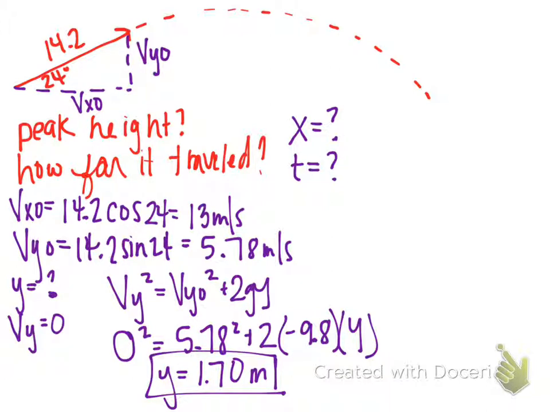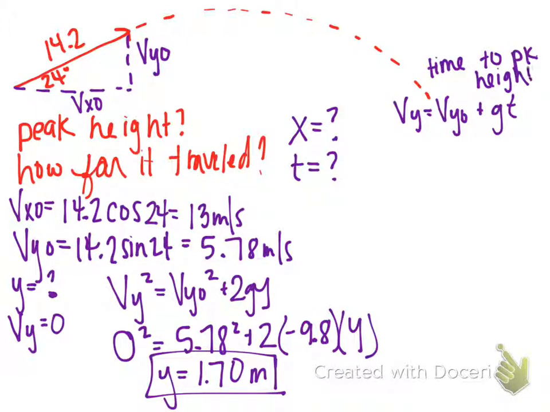So we can use V sub y equals V sub yo plus gt, and this will get us our time at our peak height. At peak height, your final vertical velocity is 0, so 0 equals 5.78 plus negative 9.8 times t.